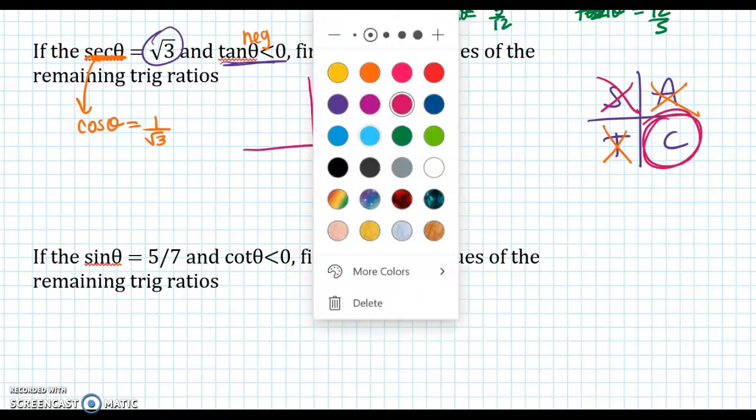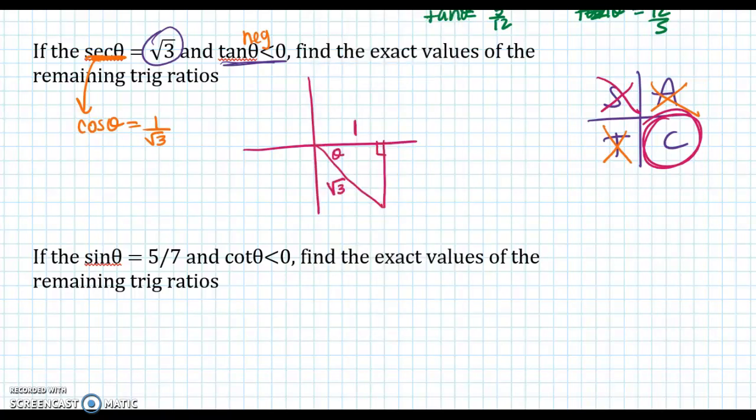And so we can do Pythagorean theorem to figure out the third side. 1 squared plus b squared equals root 3 squared. So that's 3, and that's 1, and that's still b squared. Move the 1 over, so you get b squared equals 2. So that means our third side is the square root of 2.